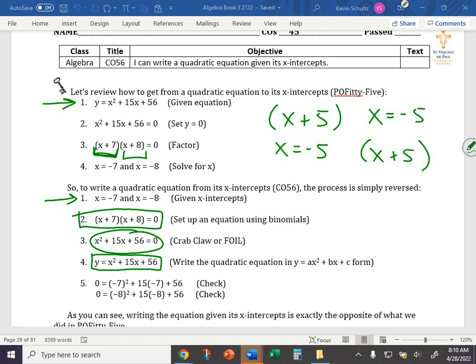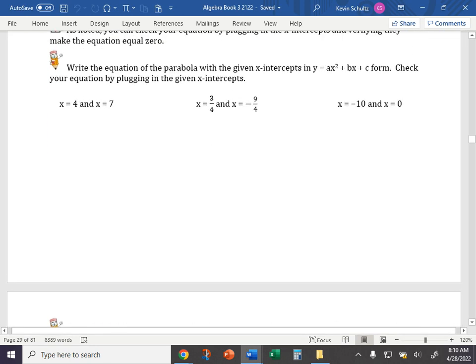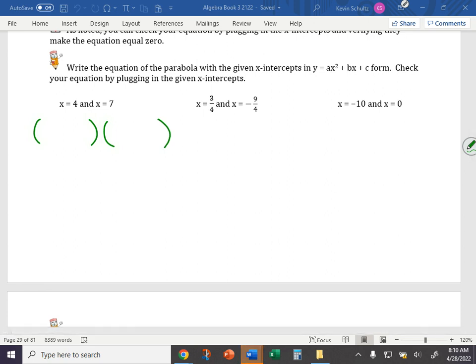Next. How would you do it with fractions? Good question. Are there some fraction examples down below? Yeah. Okay. Let's go over one non-fraction first, just the first one here. Okay. x equals 4 and x equals 7. William. Now those are the x-intercepts of the parabola, which means each of these numbers came from a binomial, and it means that this 4 made that binomial equal 0.